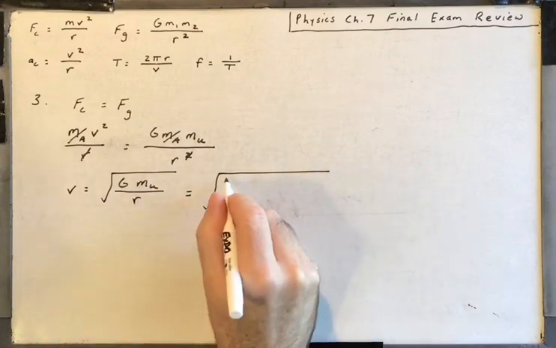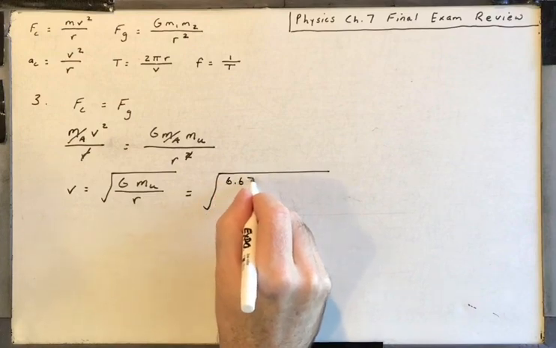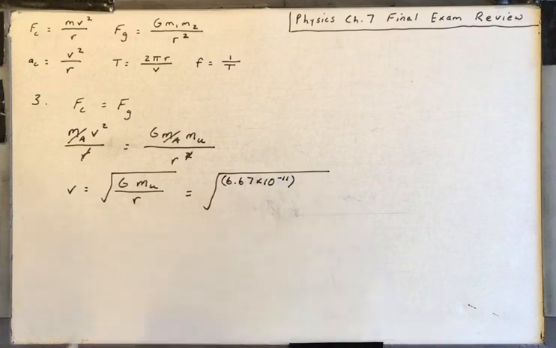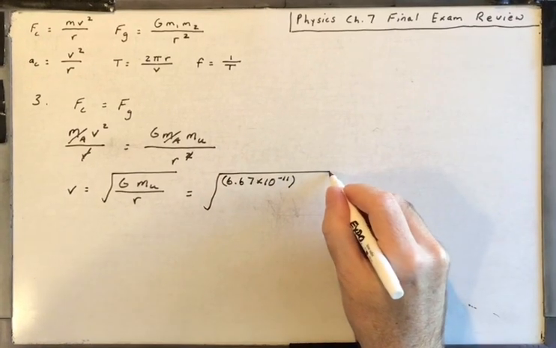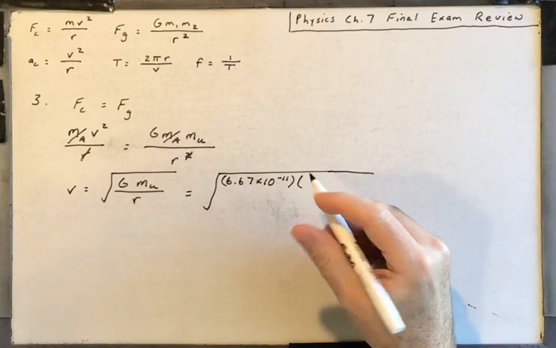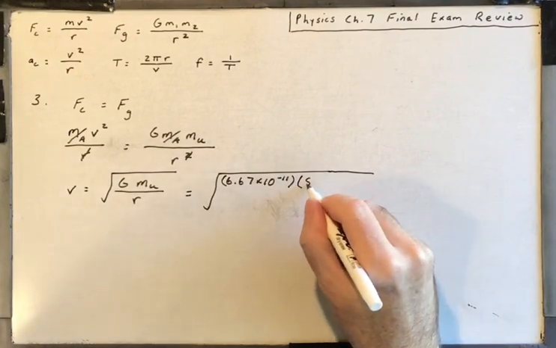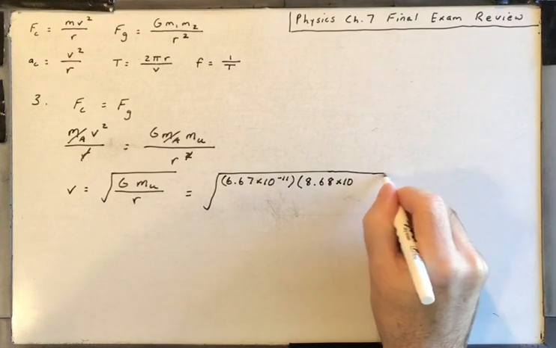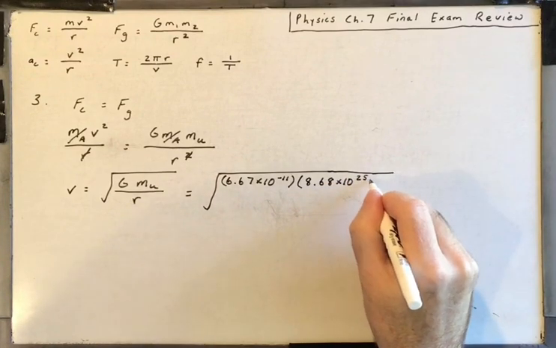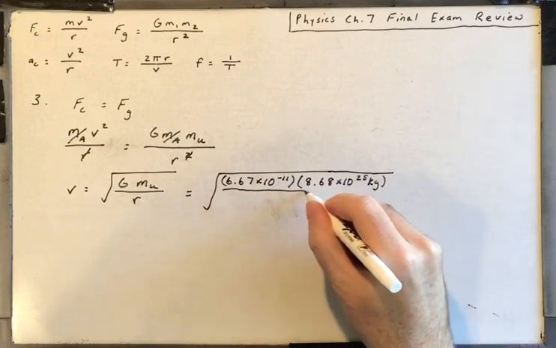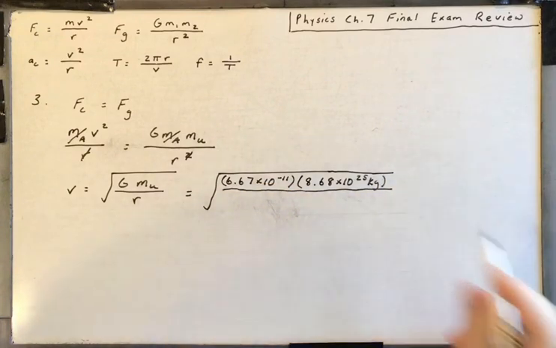So that's the square root of 6.67 times 10 to the minus 11 newton meter squared per kilogram squared, but I don't want to write all that. The mass of Uranus, 8.68 times 10 to the 25th. About 10 times that of Earth, right? And it's made of gases. It's not solid, so impressive.